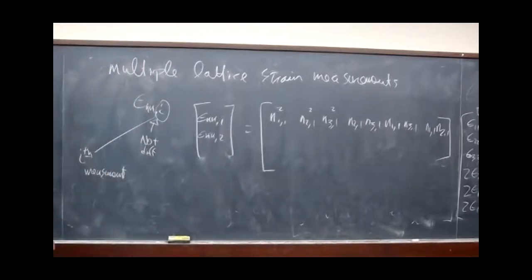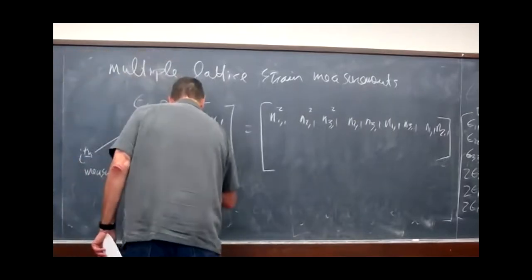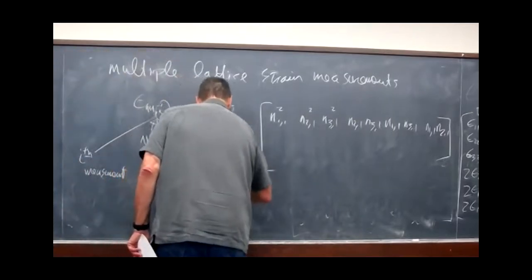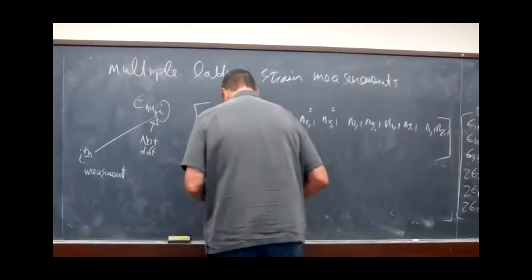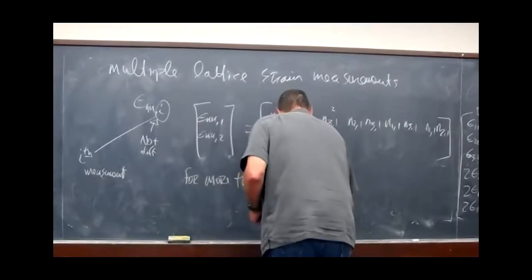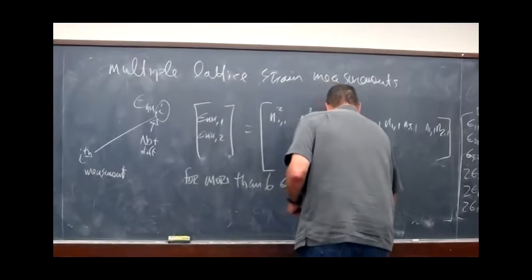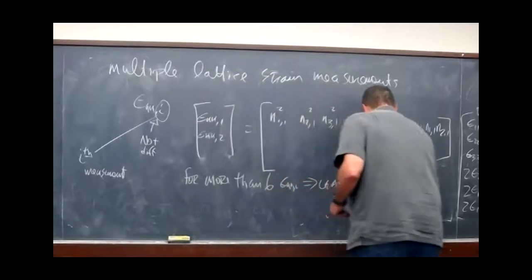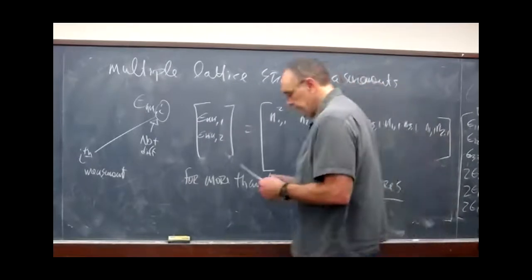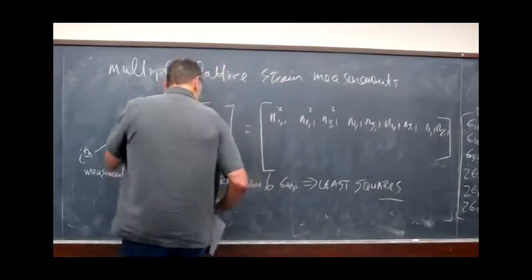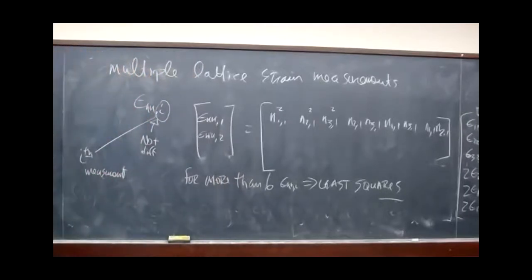If you just have 6, you solve this directly, or you can solve for the least squares. And you end up with a strain tensor. Okay?